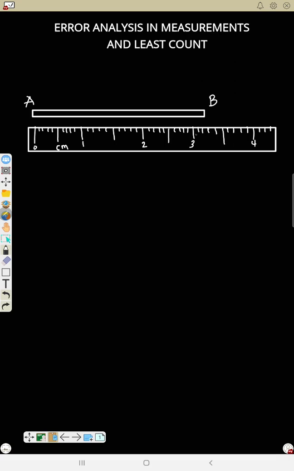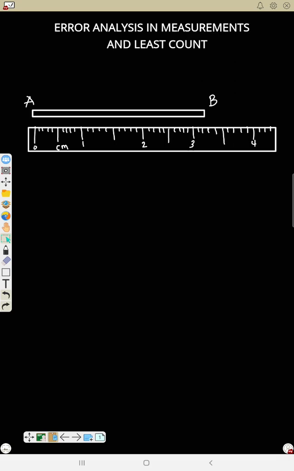This is 3, this is 3.1, 3.2. Look at where it stopped, somewhere here. That means the length AB is more than 3.2 but less than 3.3, because this is 3.1, 3.2, 3.3.